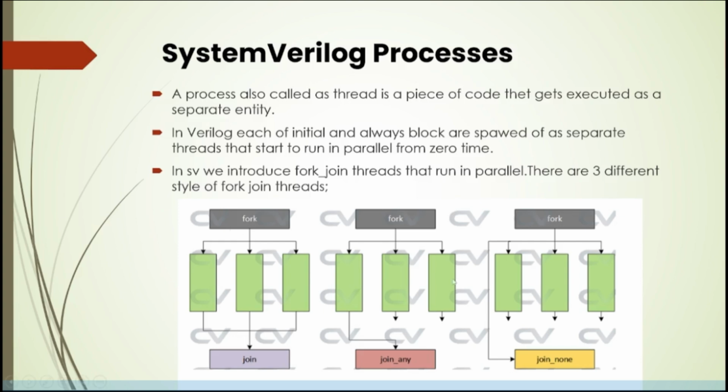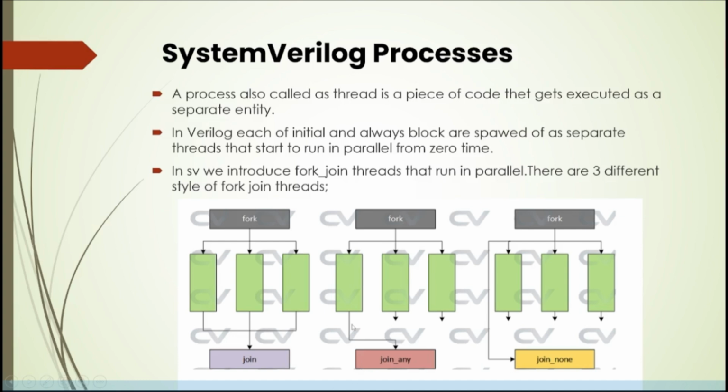Basically, fork join any and fork join none: for example, in fork join, if you have three codes to run within your fork join process, then until all these three processes are executed successfully, the simulator will not come out of this fork join process.